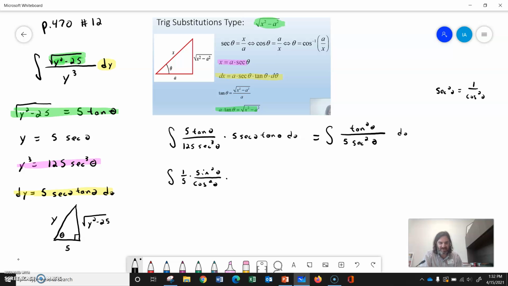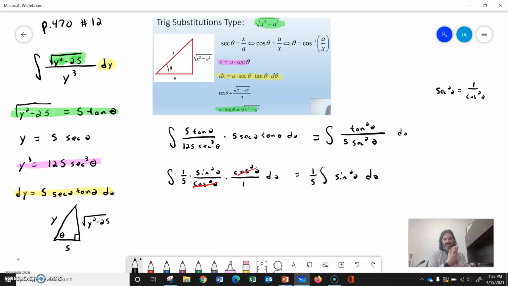So a keep change flip would put that cosine squared on top. So I can cancel out the cosine squareds, and what I'm left with here is a 1/5 integration of sine squared d theta.